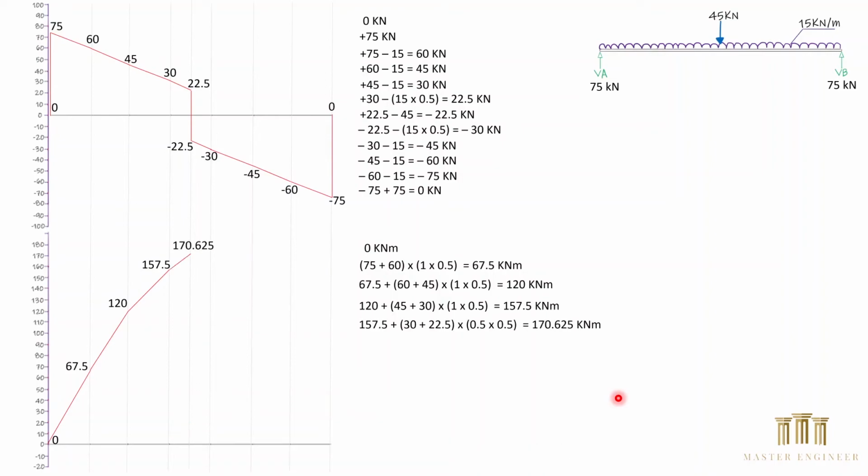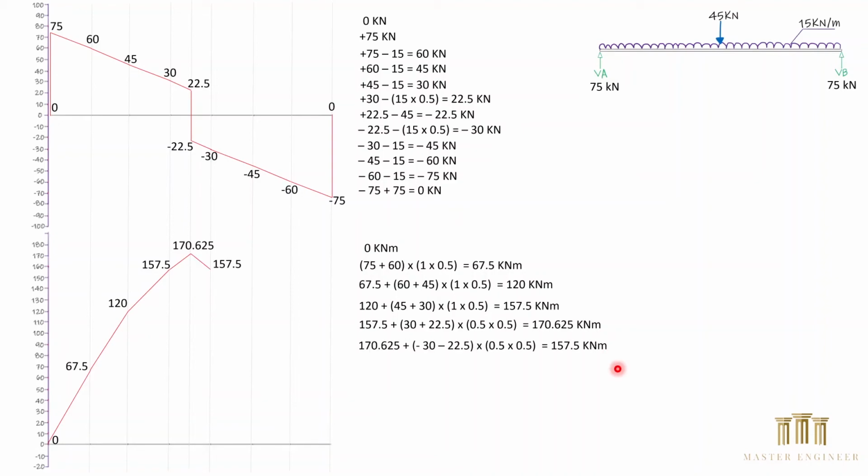The next point is 157.5 plus 30 plus 22.5. Again, this time, distance is shorter, which is 0.5 multiplied by 0.5, because we are reaching here, just before where the 45 kilonewton acting downward, as previously mentioned, equals 170.625 kilonewton meter.